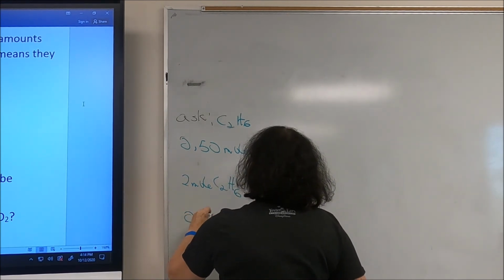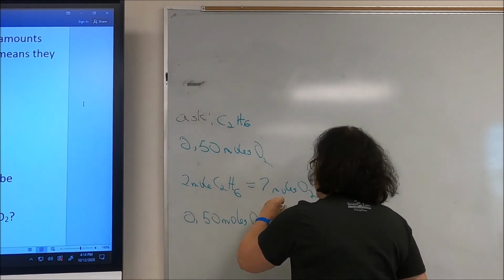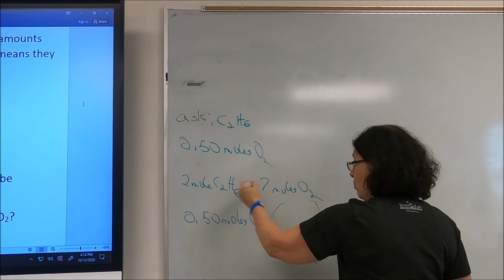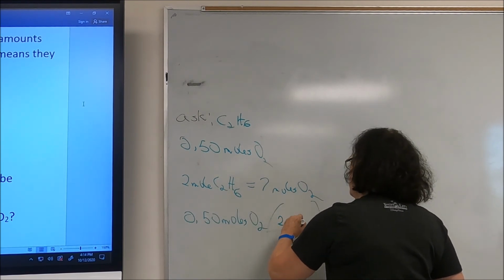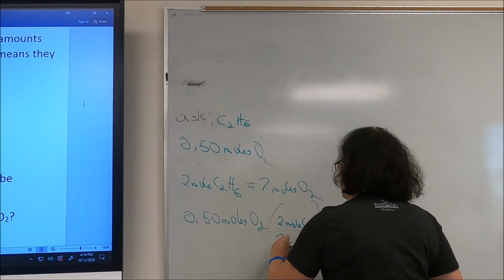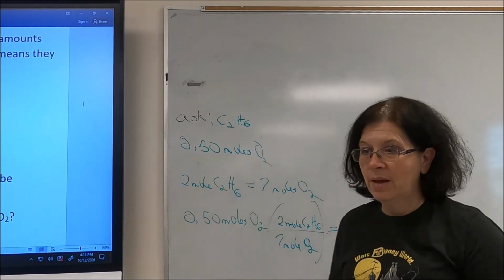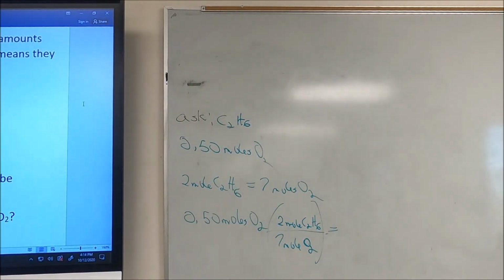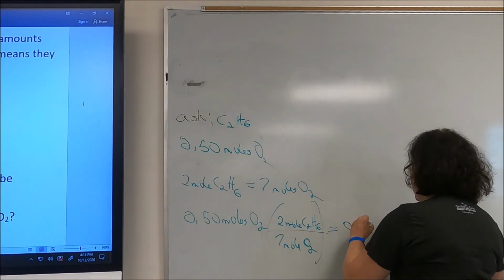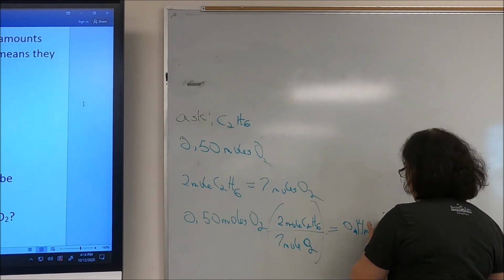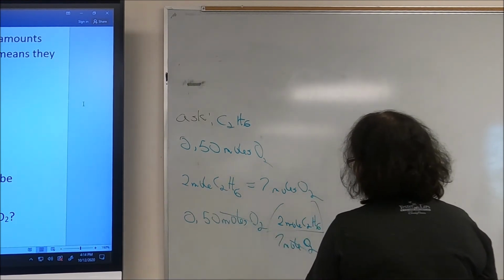So if I start out with 0.50 moles of O2, use my mole relationship here, put 2 moles of C2H6 on top, 7 moles of O2 on bottom, I'm going to have 0.5 times 2 divided by 7, so 0.14 moles of C2H6. Okay, because the moles of oxygen divide out.